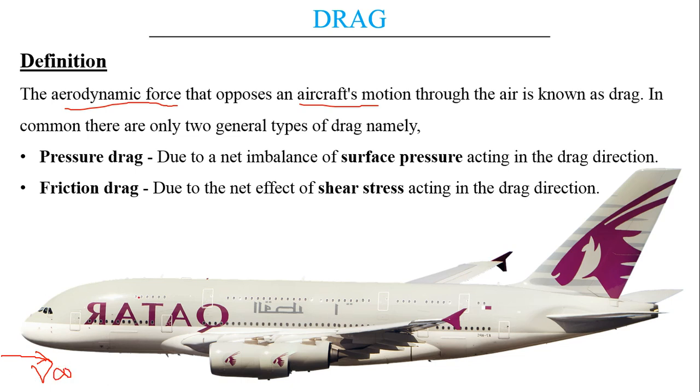Now, what will be the forces on an aircraft? Let us consider this as an aerodynamic center approximately. So here we will consider four forces acting on it. The first force will be thrust. Thrust is basically provided by the engine.